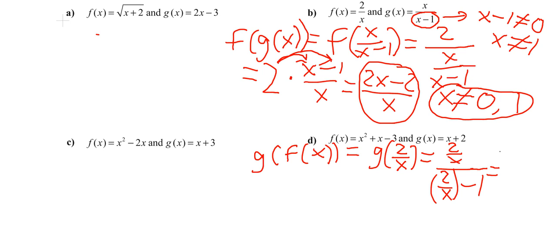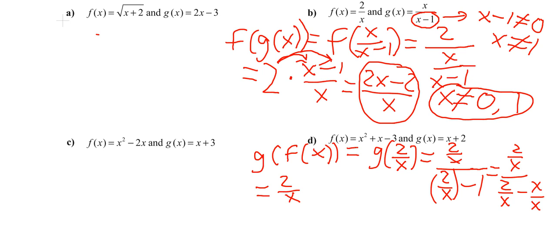So I have to make the 2 over x and the negative 1 have common denominators. So the common denominator would be x over x for that. And then I can, just like the last one, flip it to make it a multiplication.